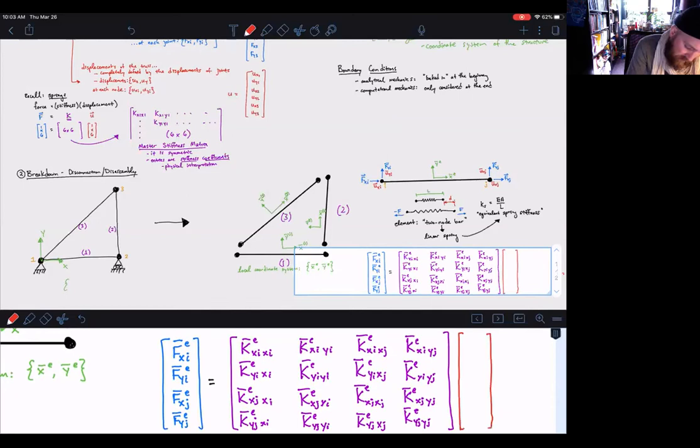And this is going to multiply our nodal displacements.